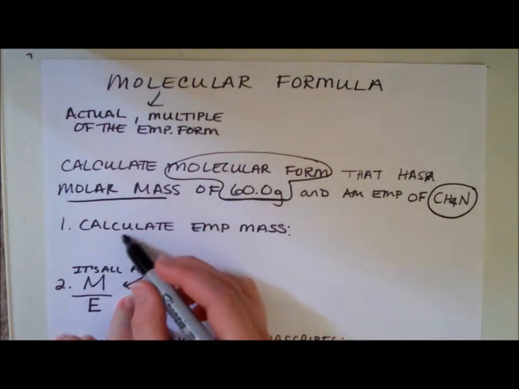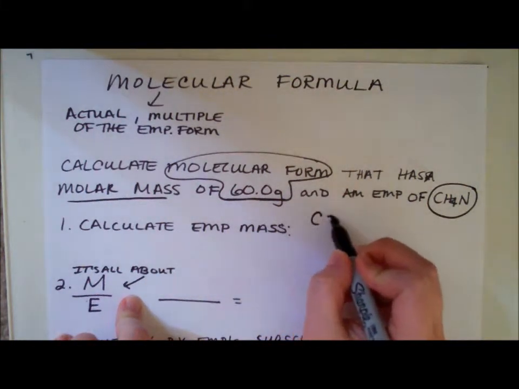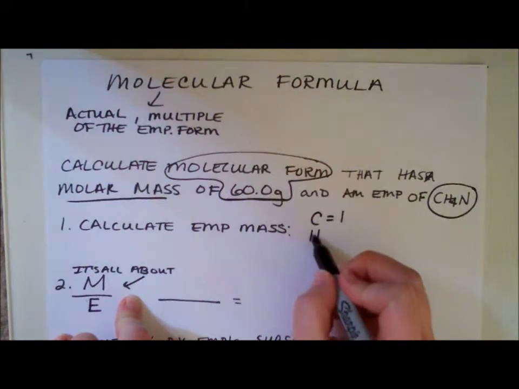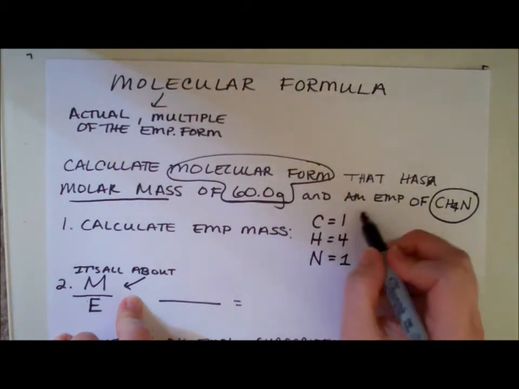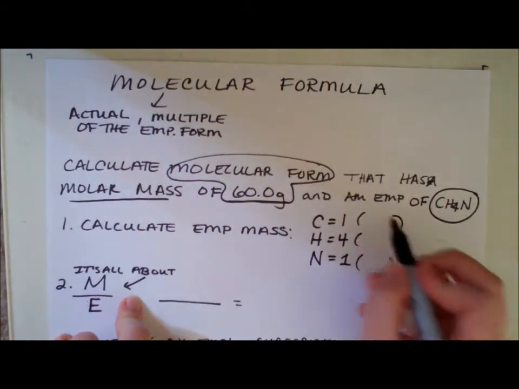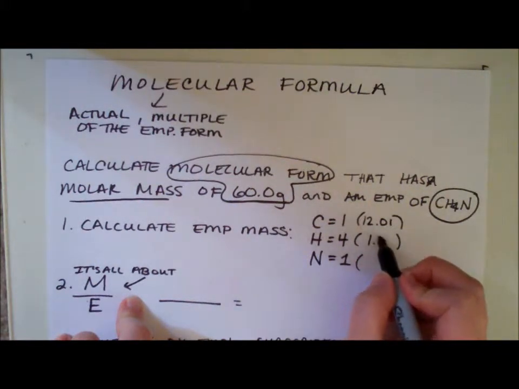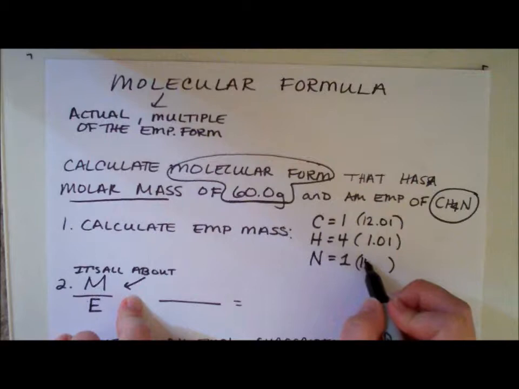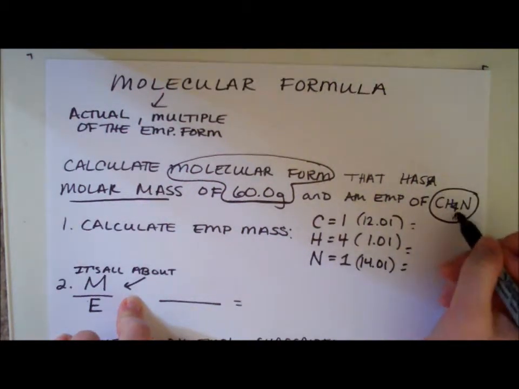Now the first thing we want to do is calculate our empirical molar mass. So we have 1 C, we have 4 H's, we have 1 N. Now you're going to use your periodic table to fill in each of these numbers. So C is 12.01, H is going to be 1.01, and N is going to be 14.01. Now we'll multiply across by these subscripts.